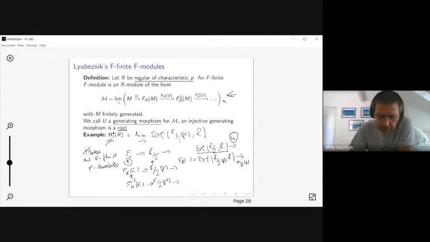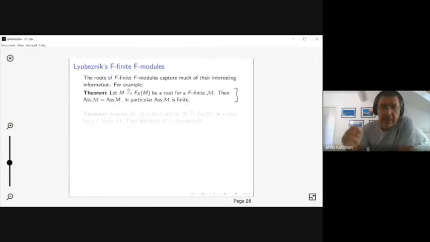I'm going to show you two, and there are many others. But the first theorem over here was the main motivation for everything. People were wondering about the associated primes of local cohomology modules, and now they solved this in more generality.